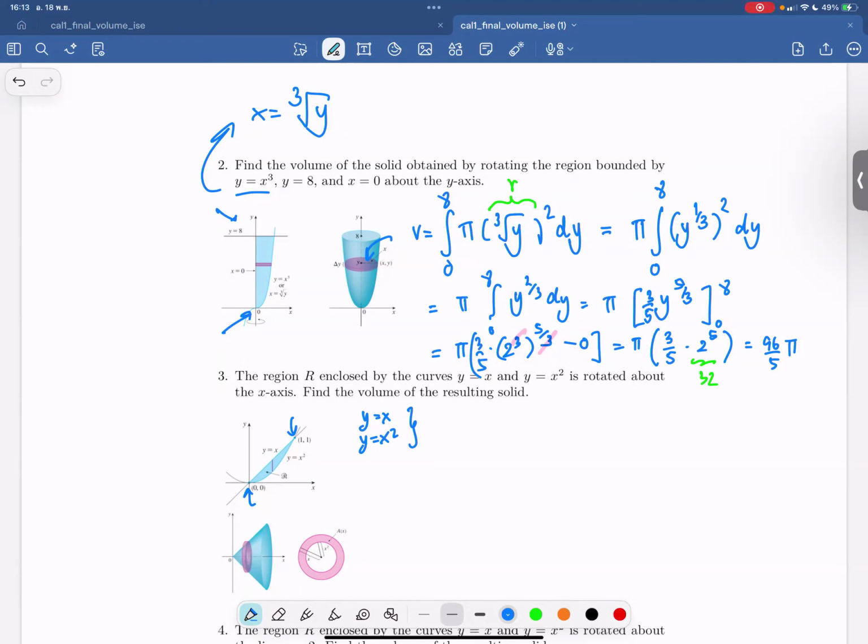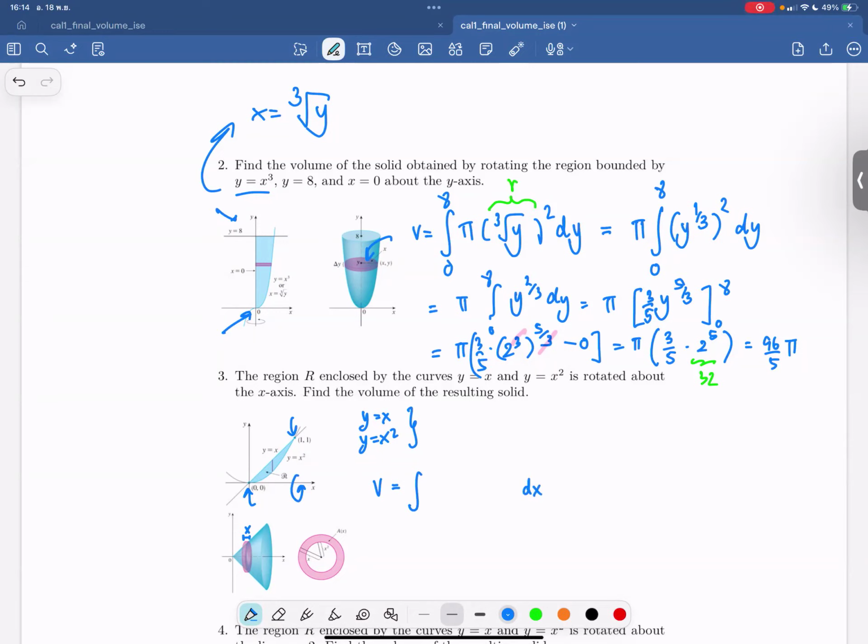So firstly, I focus on what value I want to find. Over here, we have to rotate about the x-axis, right? So our section should be the ring like this, and the thickness is the x variable.